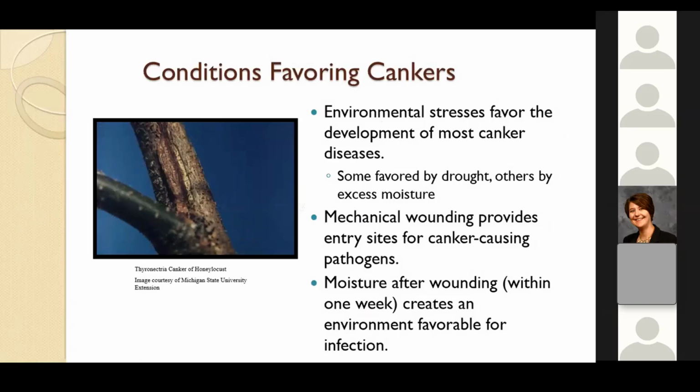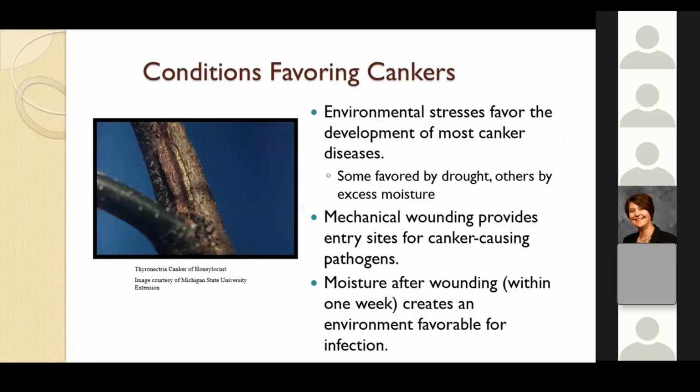Some conditions favor cankers, as do other environmental stresses. Drought stress increases the prevalence of some cankers, but other cankers are favored by excess moisture, so it's a little bit difficult. A lot of cankers don't require it, but really prefer having some sort of wound that they're able to enter through.